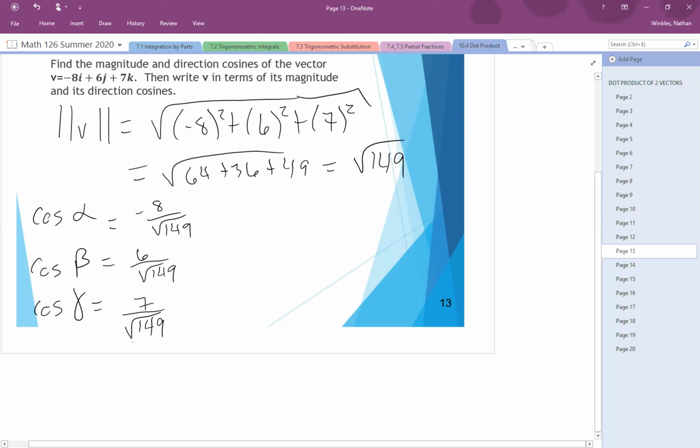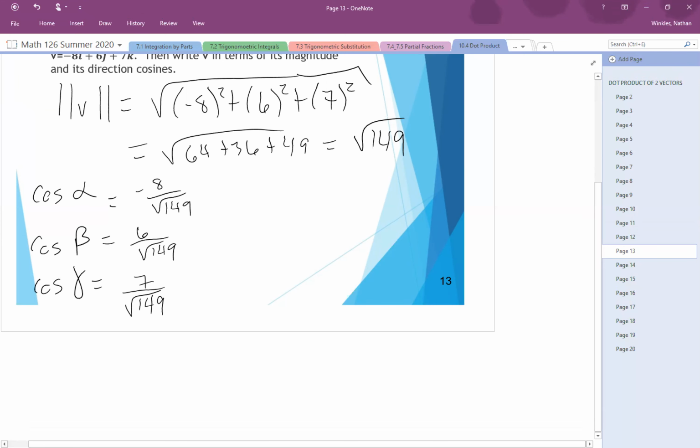Now, we found our direction cosines and we found the magnitude. Now we need to write v in terms of its magnitude and direction cosines.